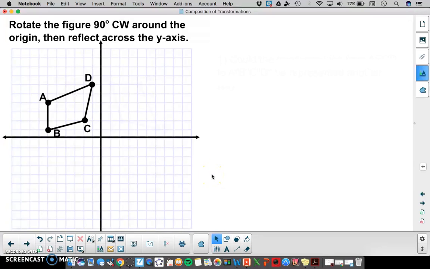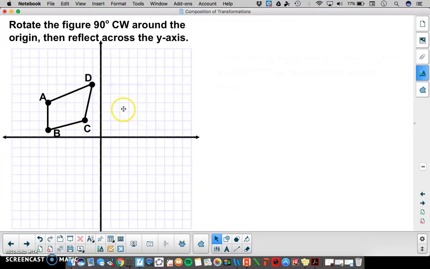Okay, next we're going to rotate that same figure 90 degrees clockwise around the origin, then reflect across the y-axis. So we're really considering, does it make a difference which way we rotate first and then reflect across that y-axis? So now we're going to rotate clockwise 90 degrees. And if we remember our rule for 90 degrees clockwise, it's going to be (y, -x).